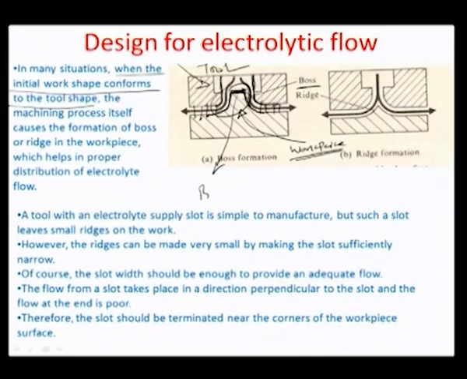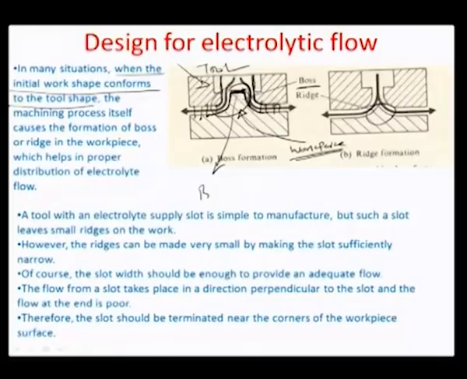So, you will have to design the flow in a manner so that problems like the existence of such bosses or ridges may not hamper the overall strategy of machining that you are following for developing the whole workpiece surface.